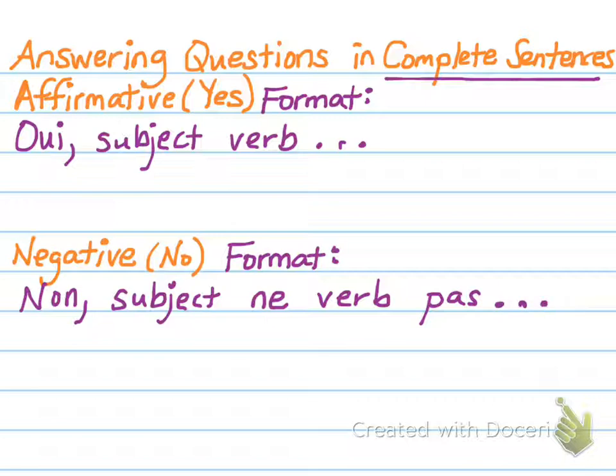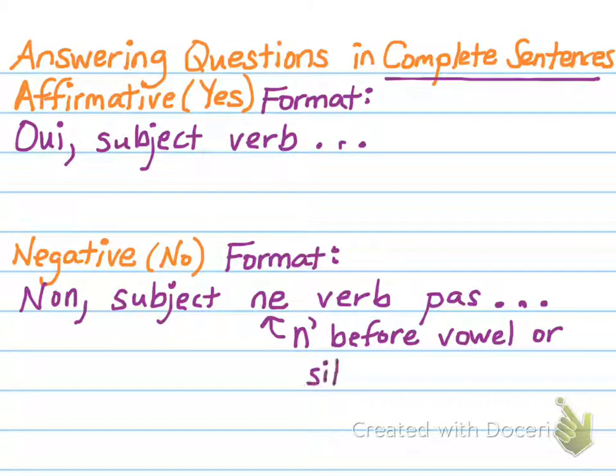Now, this ne becomes an apostrophe before a vowel or a silent H. So notice I'm putting ne in front of the verb and pas goes behind my verb. That's how I make my answer negative in a complete sentence.